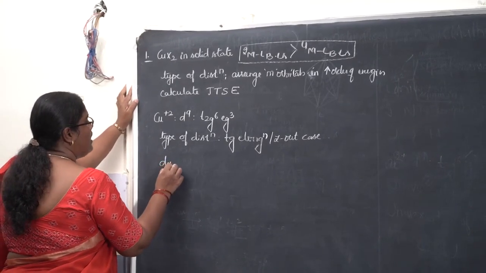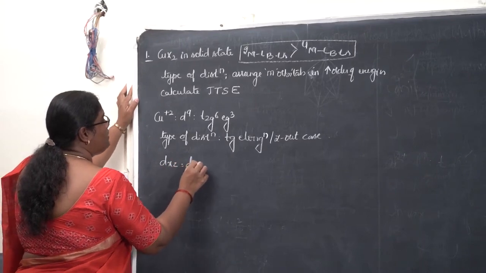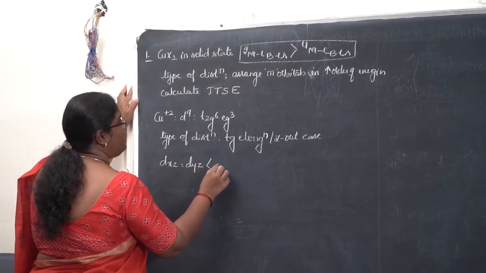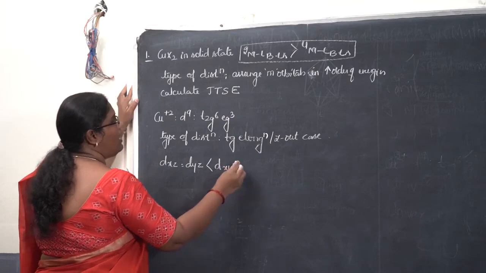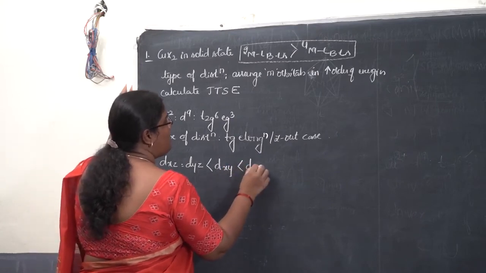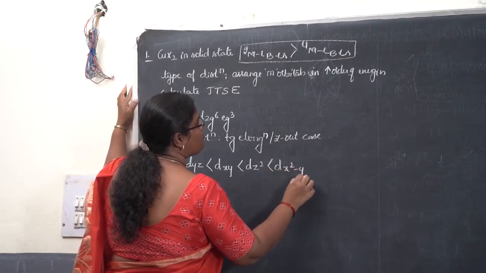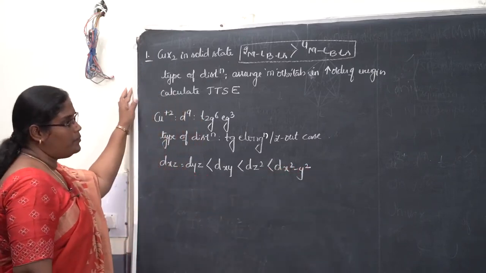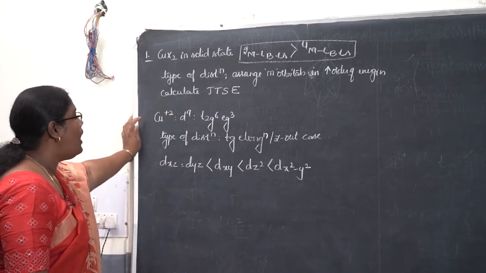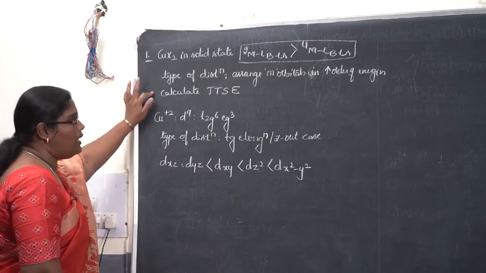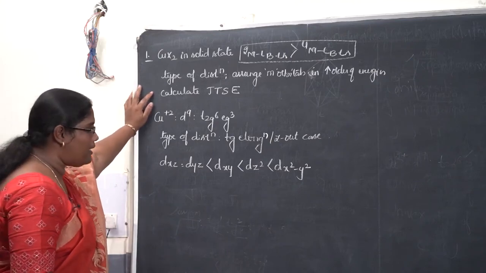So what is that? dxz equals dyz less than dxy less than dz square less than dx square minus y square. Now you have to calculate Jahn-Teller stabilization energy.